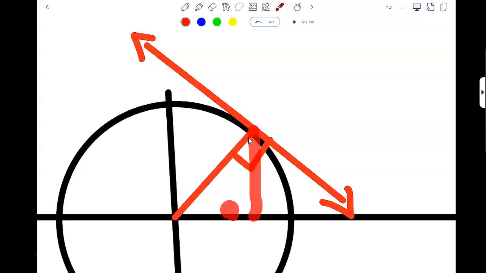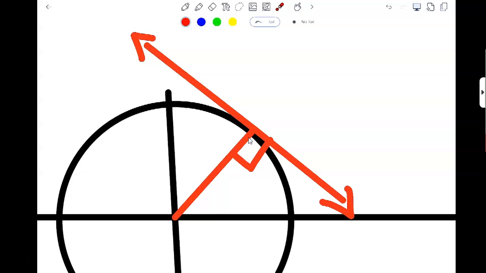So if I complete the circle, that means the x and y values are equal. That means this radial line going up actually has a slope of 1, change in y over change in x. So I know that this line here has to have a slope of 1.